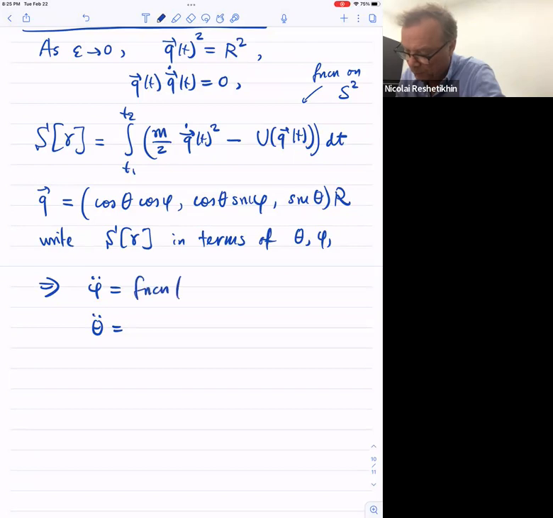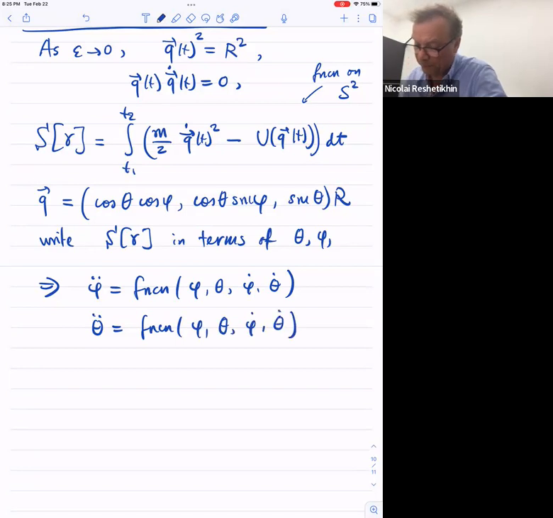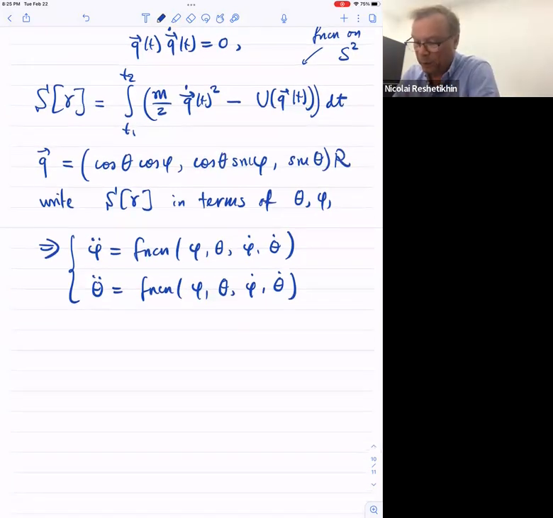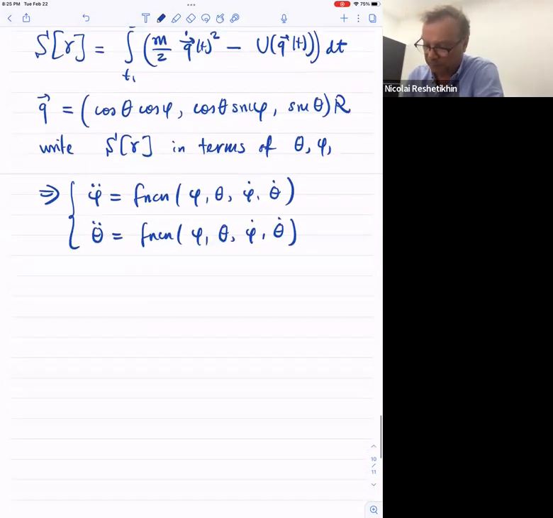So this will be some function of phi, theta, and possibly the first derivatives, and this will be another function of phi, theta, and possibly the first derivatives. Okay, so you can consider this as a motivational part for studying the Lagrangian mechanics on manifolds. And this is what we will do now.